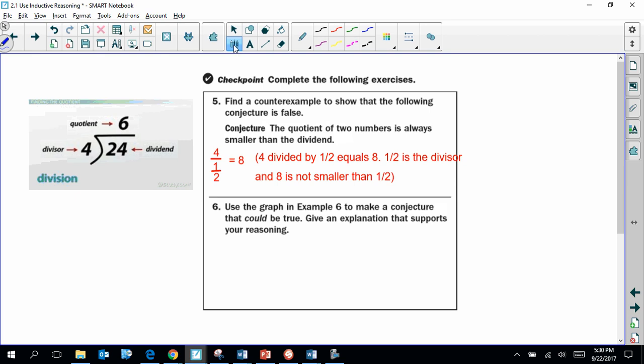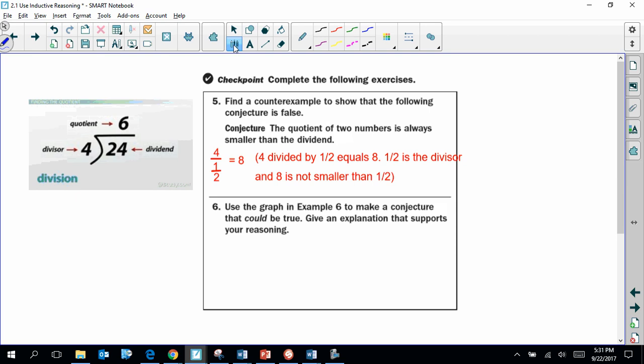So dividing anything by 1/2 is essentially the same thing as multiplying by 2. So 4 divided by 1/2 gives me 8, which means that 8 is larger than the divisor, there's our counterexample that shows the conjecture is false.